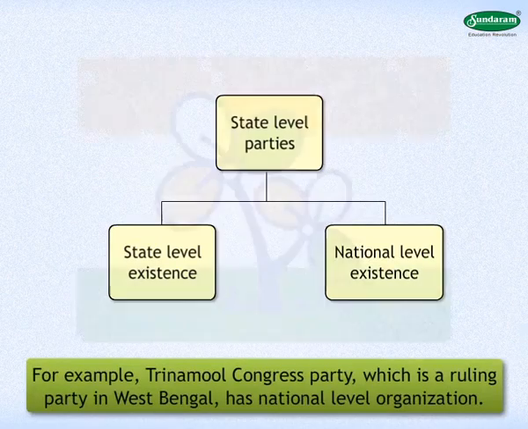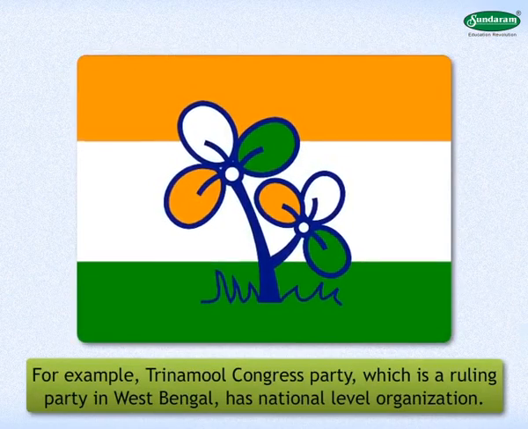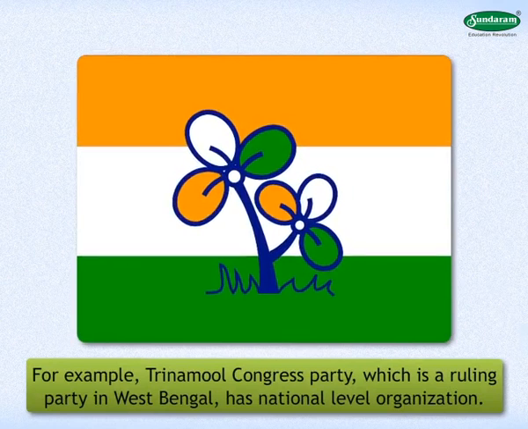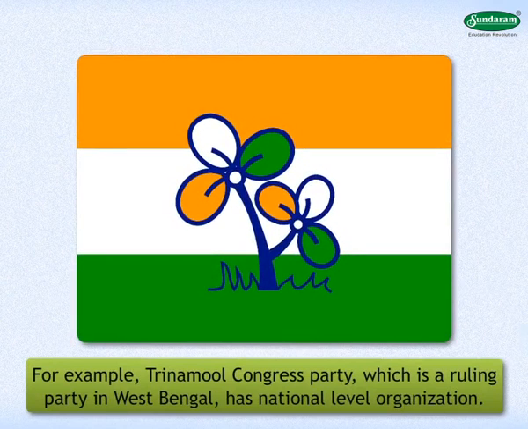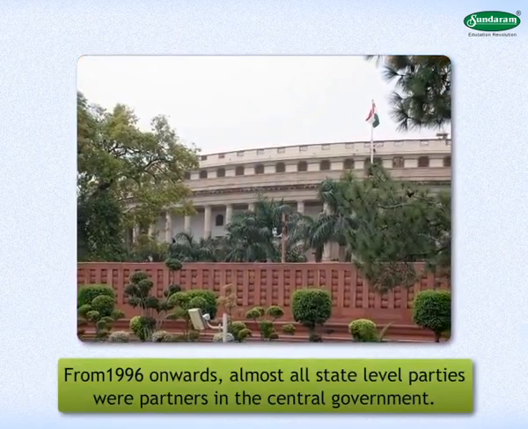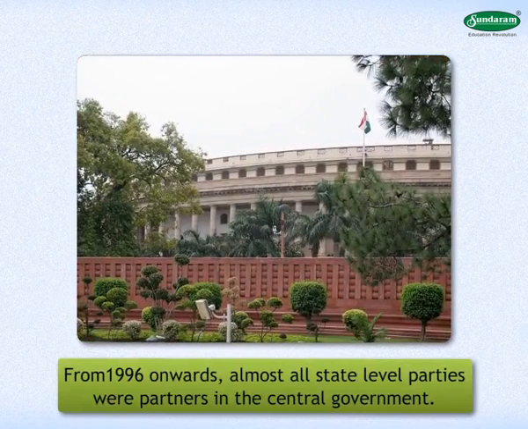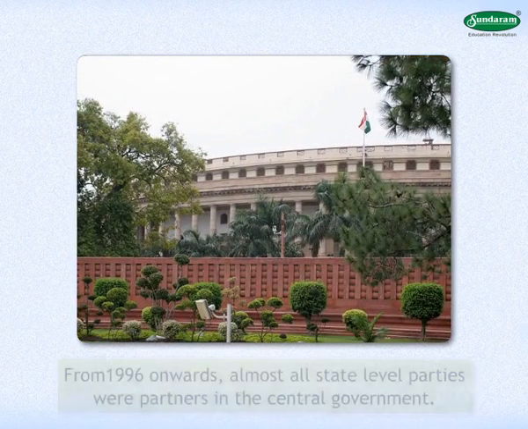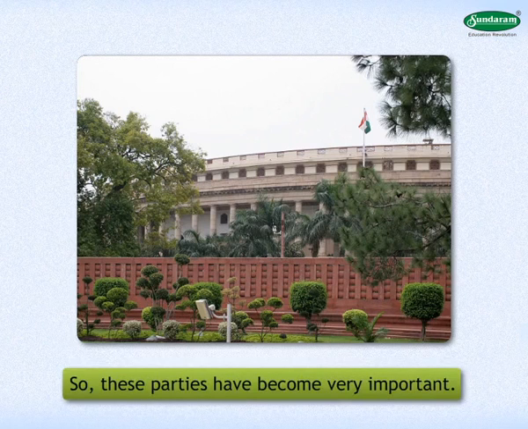For example, Trinamool Congress Party, which is a ruling party in West Bengal, has national-level organization. From 1996 onwards, almost all state-level parties were partners in the central government. So, these parties have become very important.